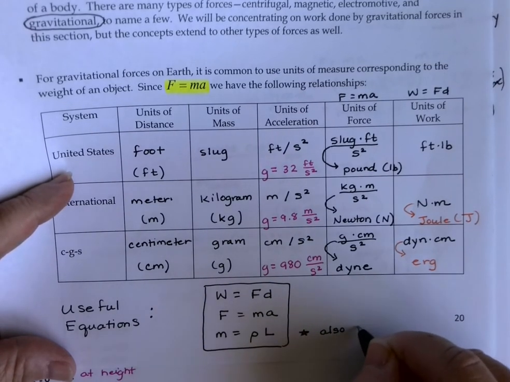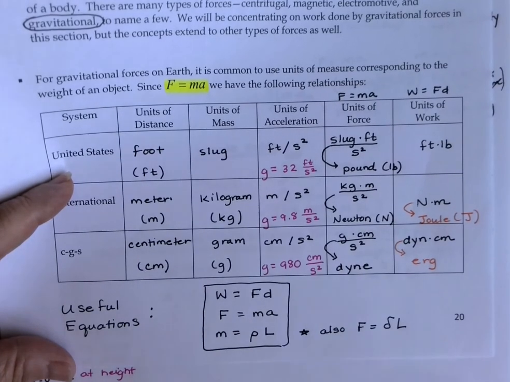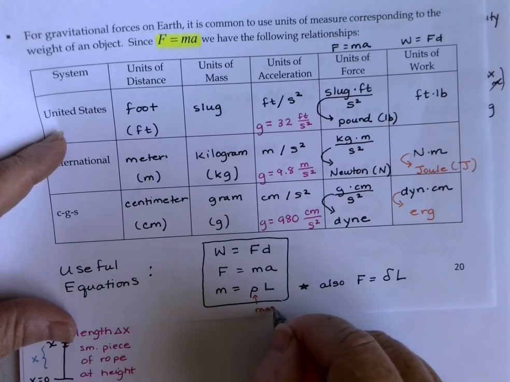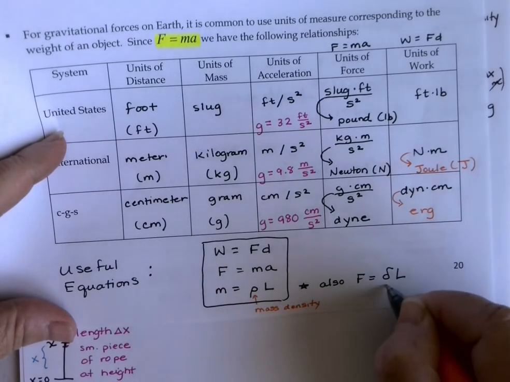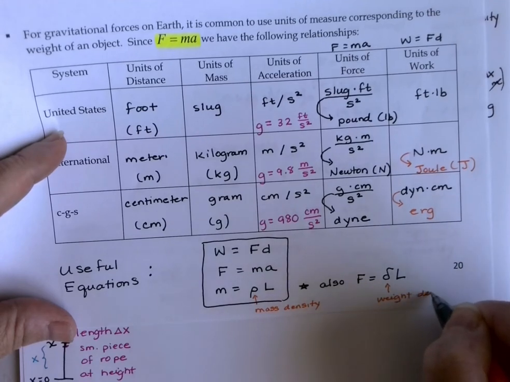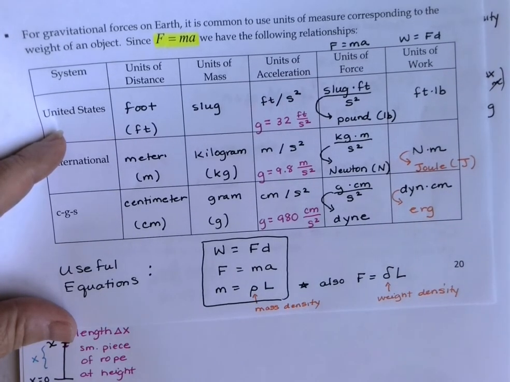We also have F equals, and I'm going to call it delta times L, where here, this is when we have a mass density, and this is where we have a weight density. It just depends on the information that's given that you know which way you're going to go.